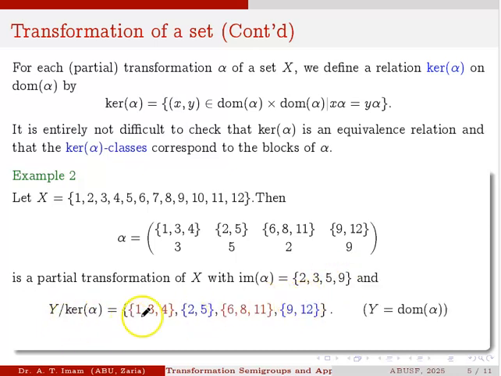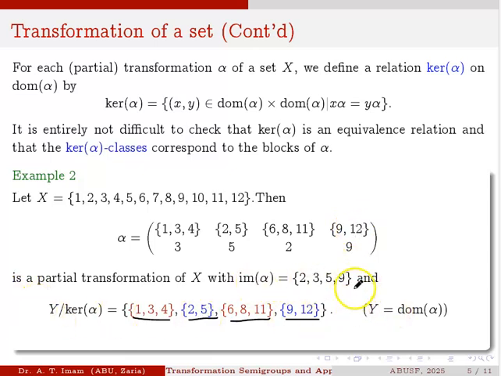And we can see the kernel classes, because if you are talking about elements that are mapped to 3, these are them, and these are the elements that will be related to each other under the kernel relation here. So the kernel blocks are 1, 3, 4; 2, 5; 6, 8, 11; and 9, 12. These are exactly the blocks of alpha here. So this is how we define it.